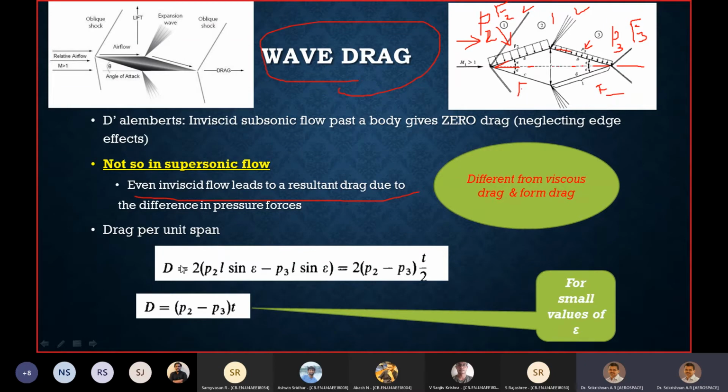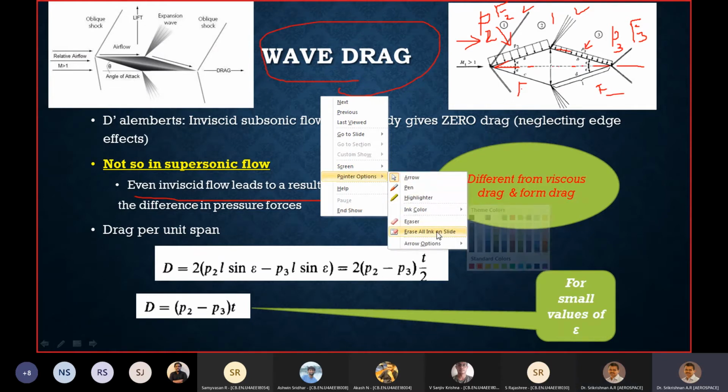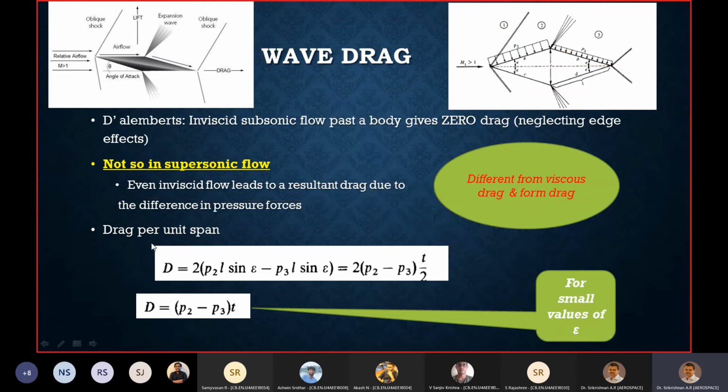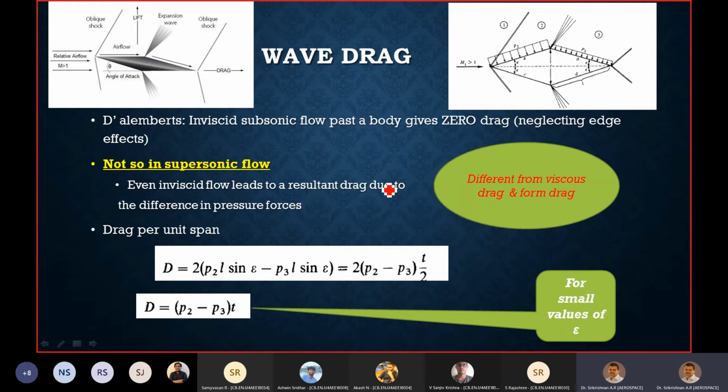Drag per unit span can be understood as the result of the resultant force.